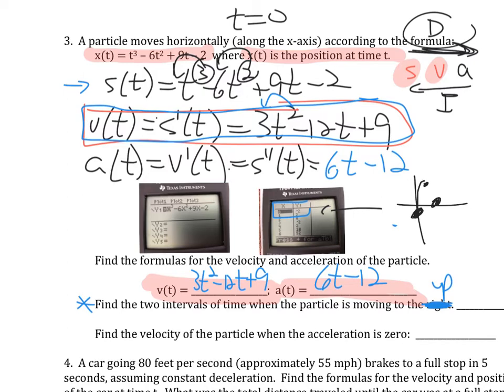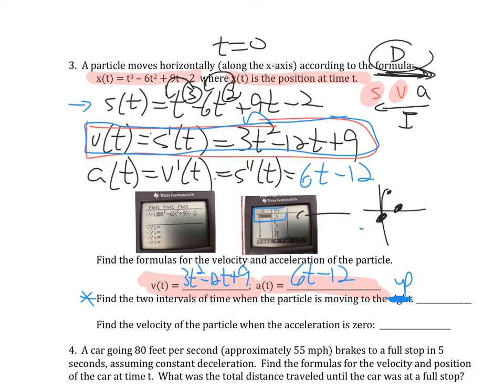So the first interval that it's moving up is from 0 to 1. Then it goes back down to 0, and when x is 3, y is -2. But then after 4, it goes to 2, at 5 it goes to 18, at 6 it goes to 52. And if you scroll down on your table, it's going to be increasing forever. So from 0 to 1, that first interval, it's increasing. And from 3 to positive infinity is the second interval where the x values create y values that increase.